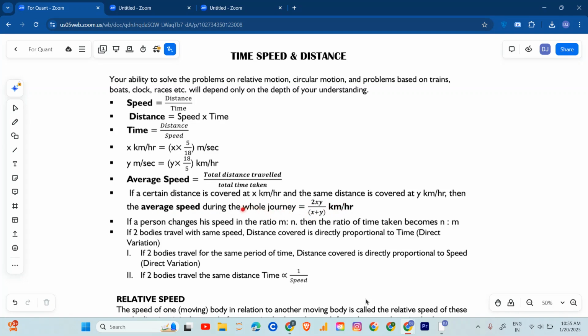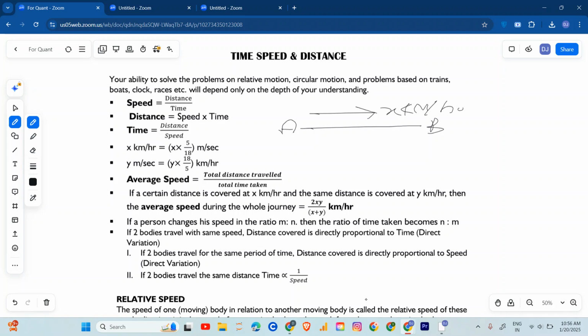So we can rephrase this situation: a car is going from A to B with a speed x kilometer per hour and coming from B to A with a speed y kilometer per hour. Fine.